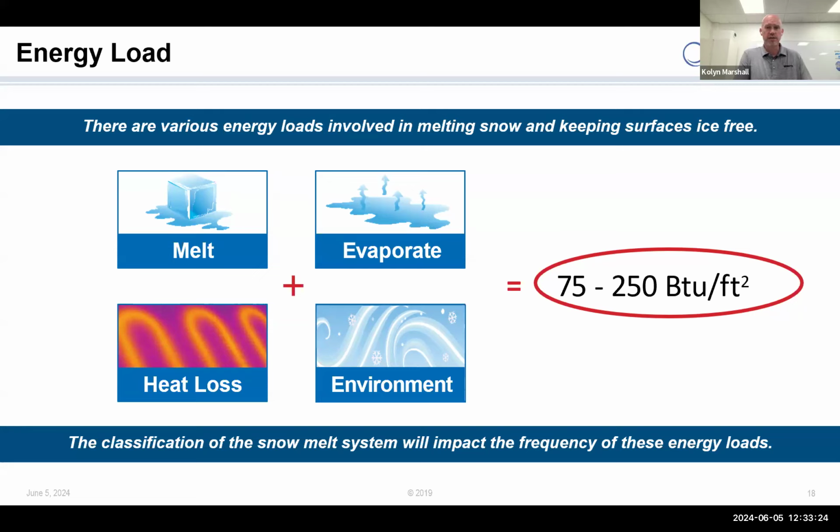It only runs when it snows. I'm not trying to maintain an environment. And with the advent of better controls these days, I get better performance because of the controls as well. It could be weeks, if not months, between cycles of operation because it's only going to run when it snows.